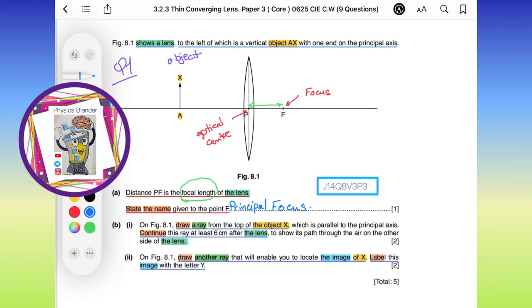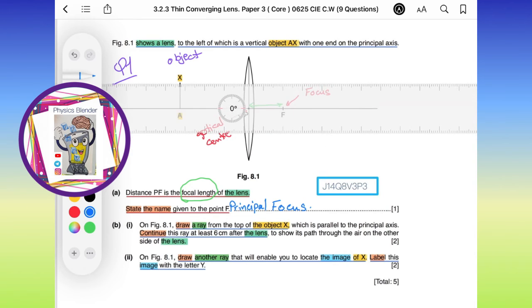On the figure, draw a ray from the top of object X which is parallel to the principal axis. Then continue this ray 6 centimeters after the lens to show how it will be refracted through air on the other side of the lens. We will draw the ray parallel to the principal axis, and it will refract at the midline inside the converging lens.